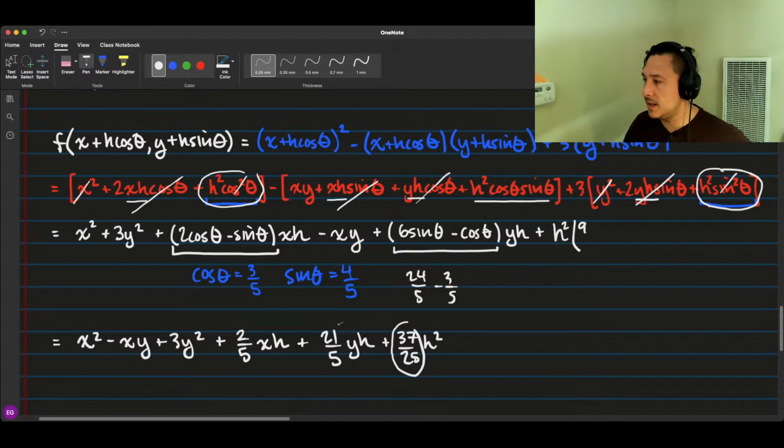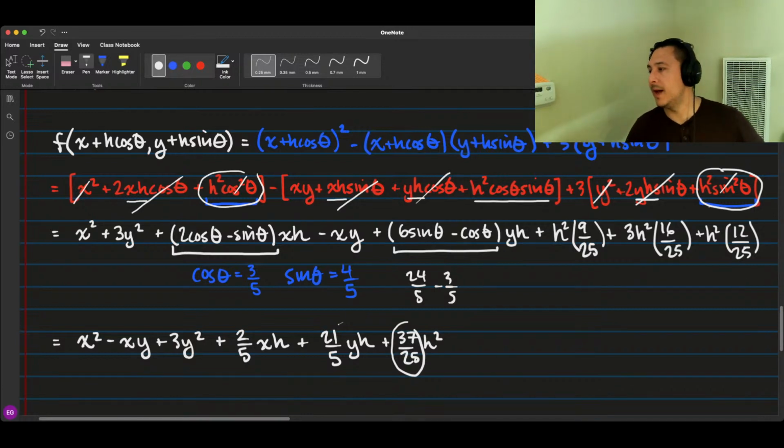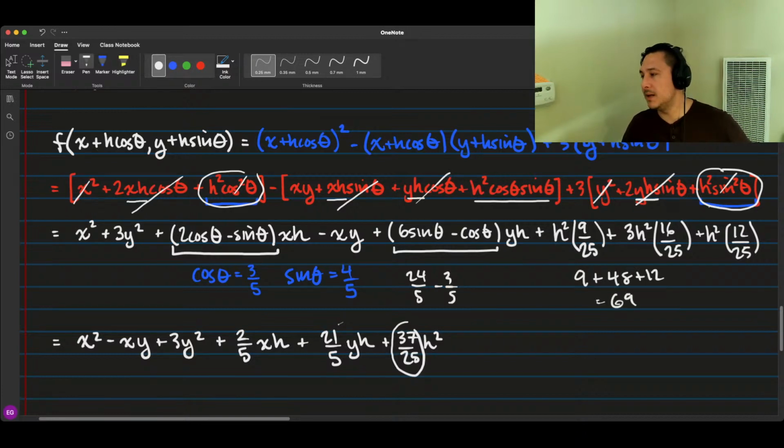Cosine squared is 9 25ths. And then it's supposed to be 3h squared times sine squared, which is 16 25ths. And then for that one, we're supposed to have h squared cosine times sine, which is the 12 25ths. Now if you add all those together, you're going to get 9 plus 3 times 16 is 48, plus 12, 50, 60, 69. 69 25ths.